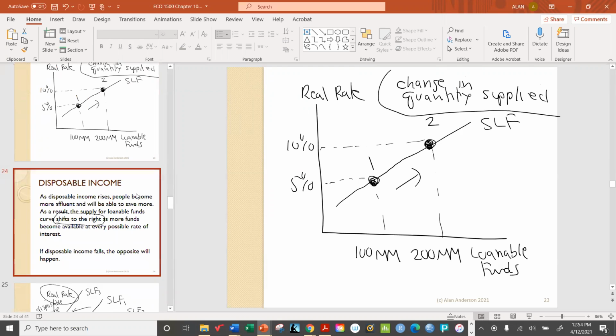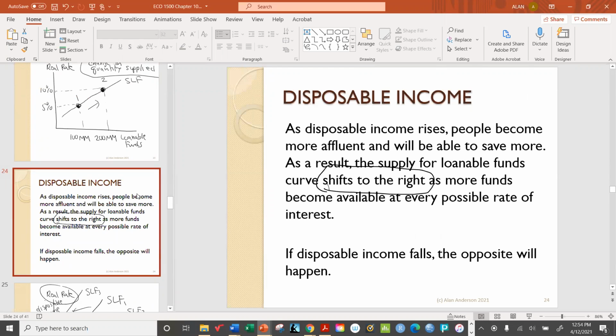Well, disposable income. Now, in economics, the word disposable income is used to represent after-tax income. In other words, all the money that comes in minus all the taxes that go out. The more affluent you are, the more you're going to want to spend, but also the more you can afford to save. That's a key detail.